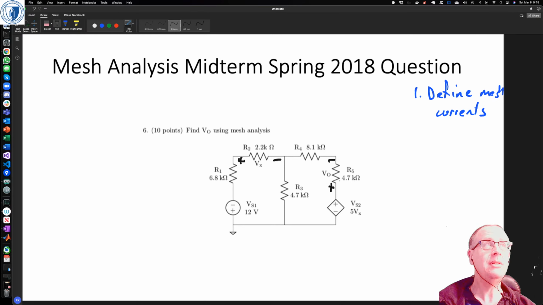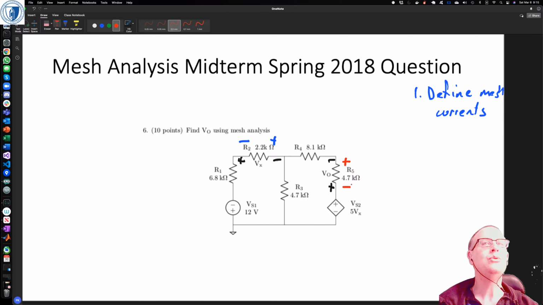What I mean by being careful is to make sure that you don't define VR2 that way, and you don't define VR5 that way.